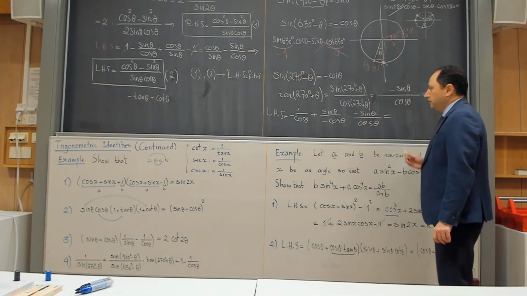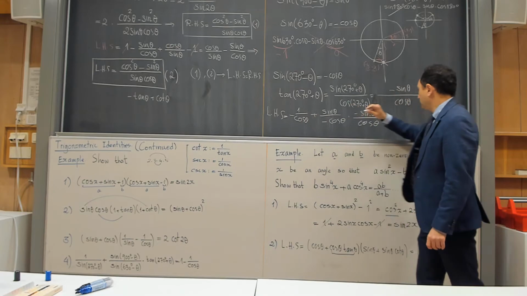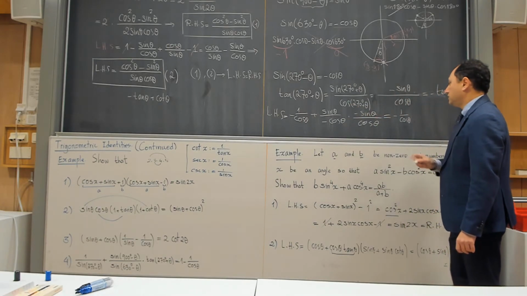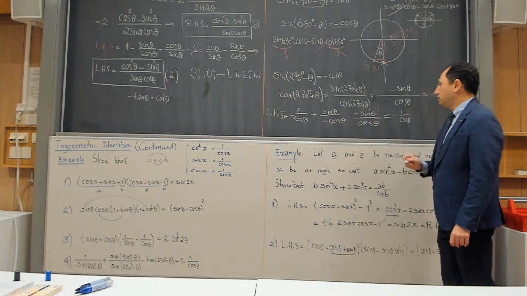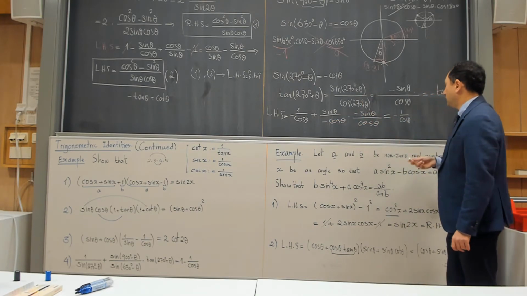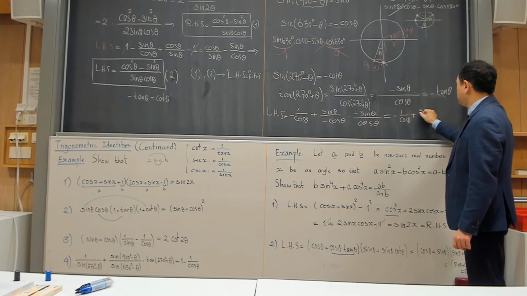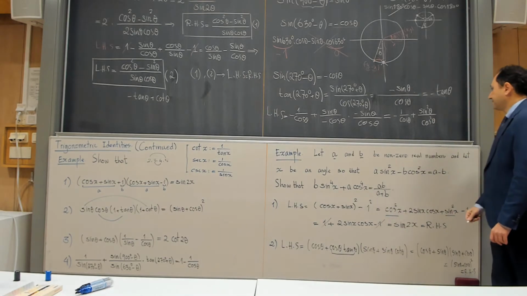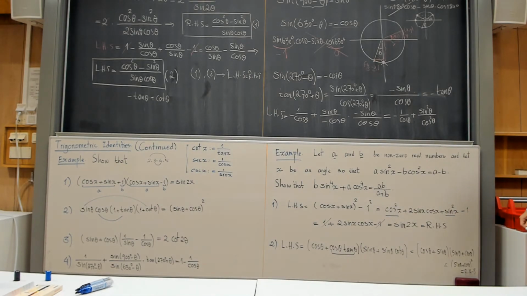This is a very simple one. So I have to copy and paste probably the first term. But what can I do? This minus sign and that minus sign will go away, and then sine becomes sine squared. So it becomes plus sine squared divided by cosine squared. This is a little bit strange, isn't it?